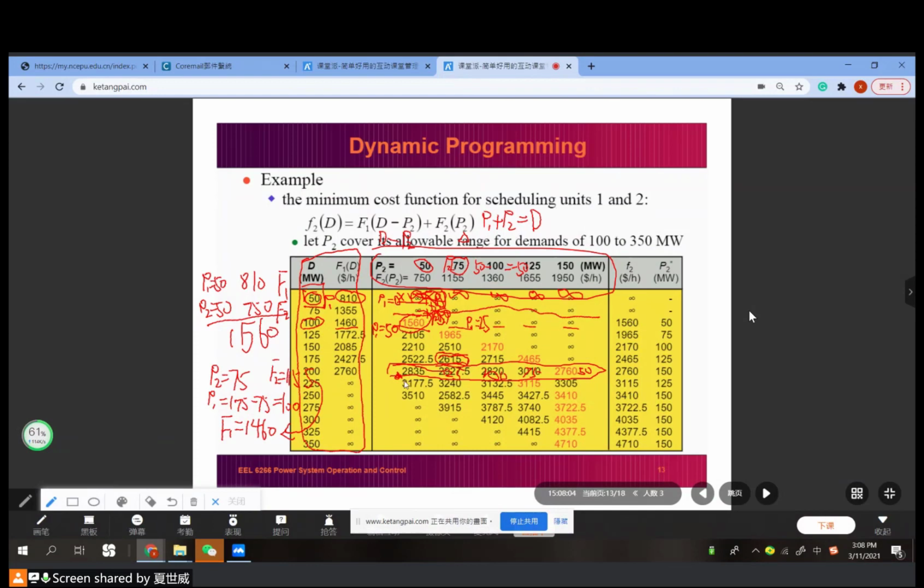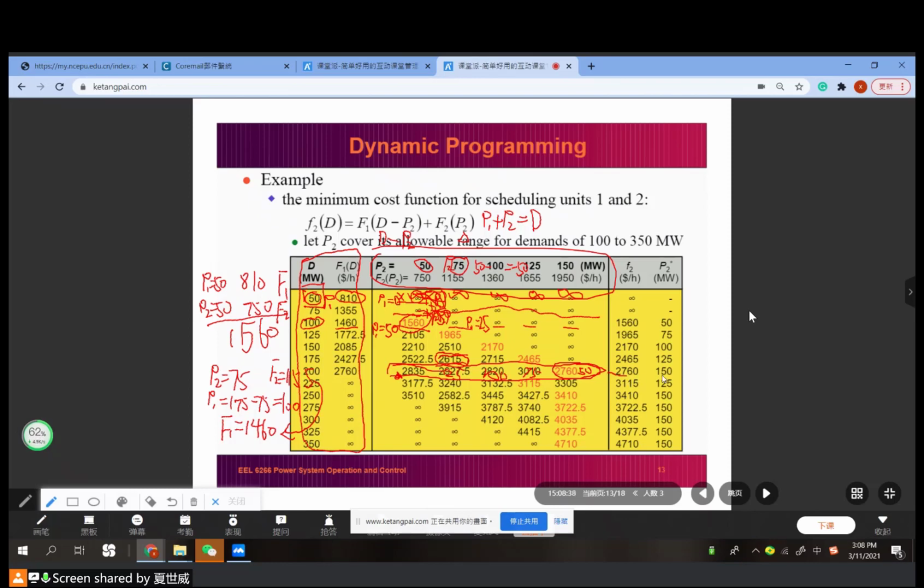So based on this result, you can reach a conclusion: if you want to support a total load of 200, what's the most economic way? Of course, you should choose the minimum value. So of course it is this. The most economic way is to supply P2 by 150 and P1 by 50.